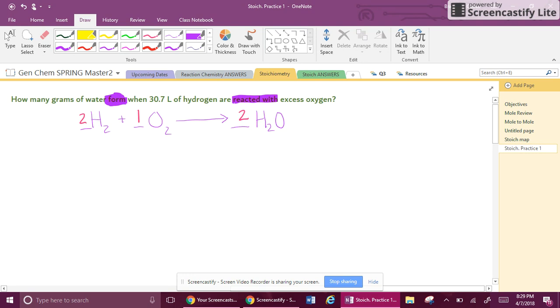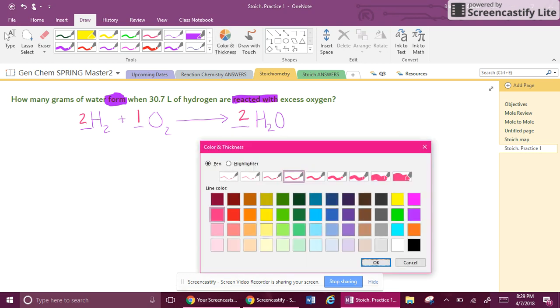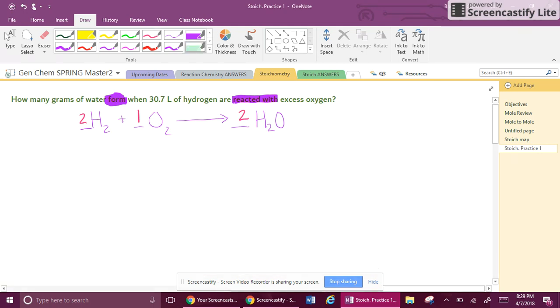So now the stoich part. What's really important, I think, is knowing where you start and knowing where you're trying to go, what the question wants. First, I'm going to figure out where I'm going to start. That's always a number, units, and a substance. I'm going to go into my chemical reaction as well and highlight the coefficient that I'll be using.